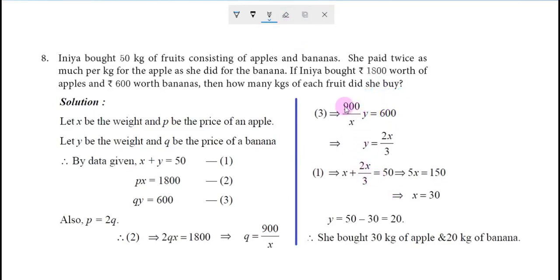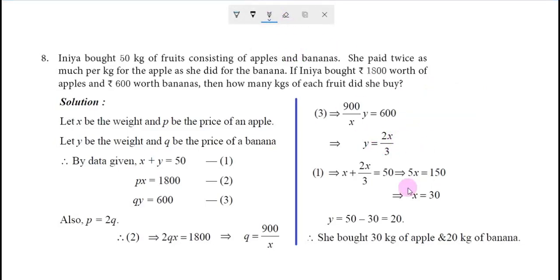And now let us cancel. Move this 900 to the right side and x also. So y equal to 600 by 900, move this x there. So 0 0 cancel. Apply 3 table, there 2, here 3. So we get y equal to 2x by 3.